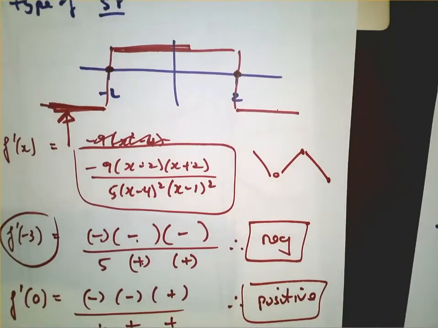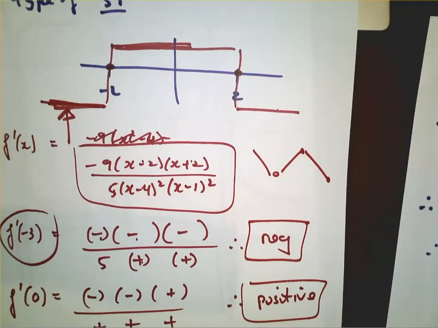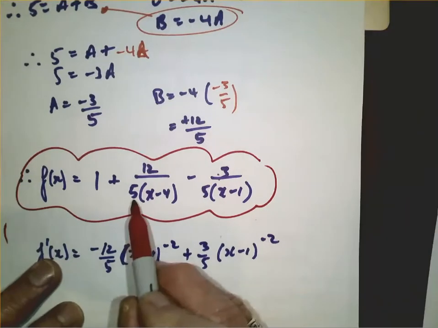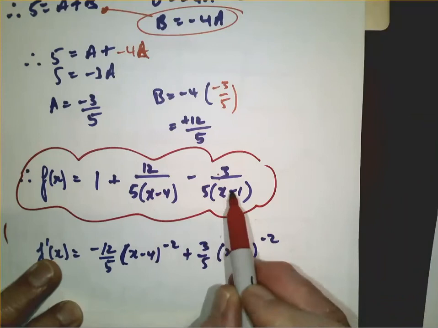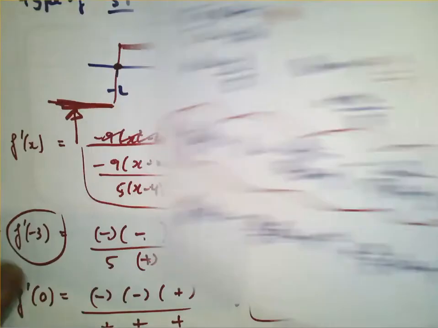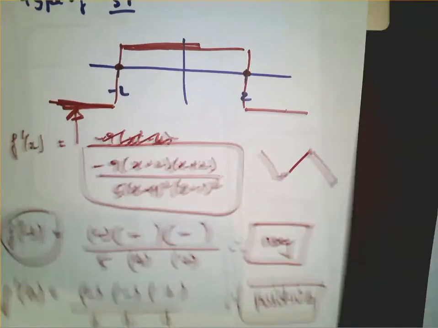So I know that my function is this. It's the addition of a linear plus a hyperbola plus a hyperbola. So that's what I need to draw. And I know that I have 2 stationary points.